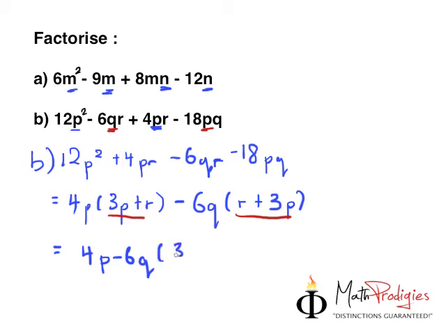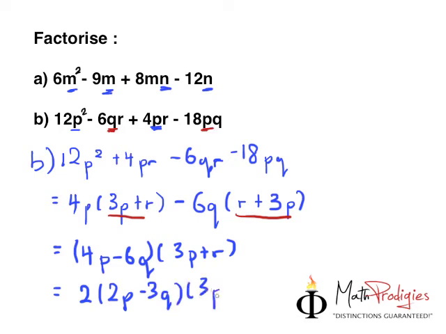So we take out the 2 from here. Then you will find yourself getting 2(2p - 3q)(3p + r). And that is the answer.